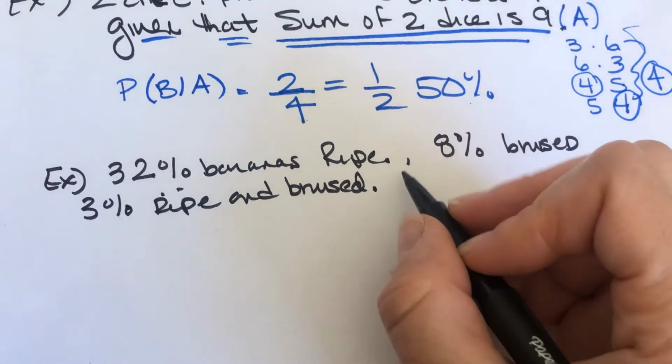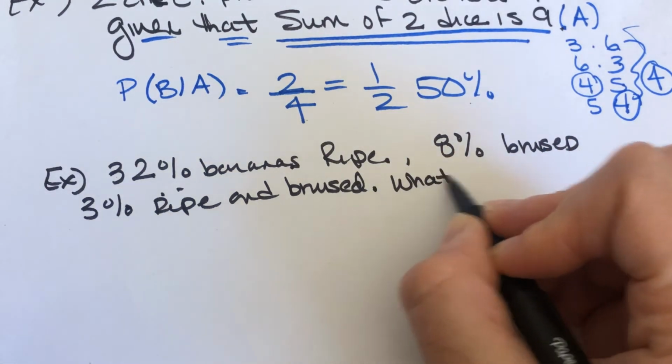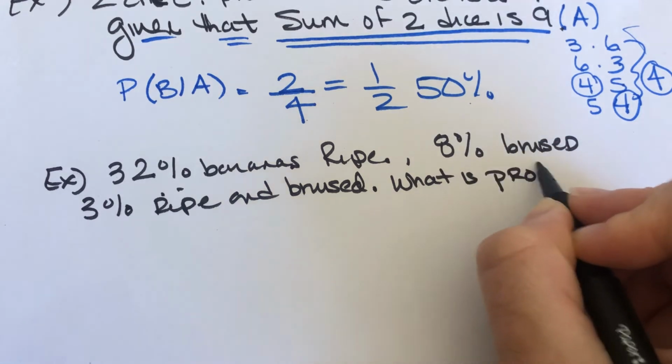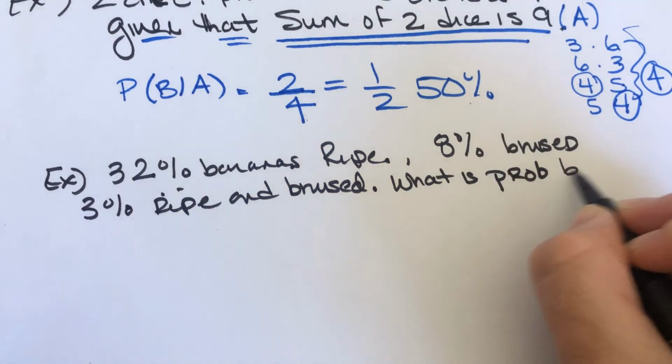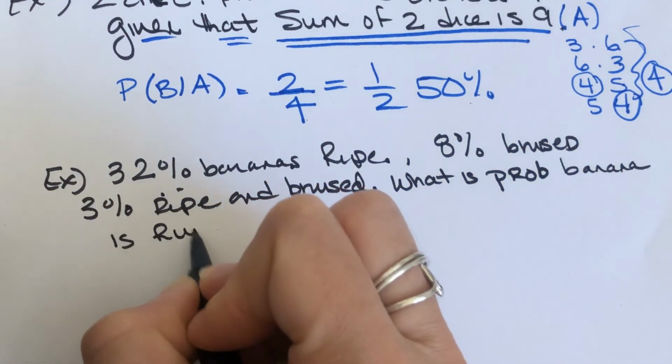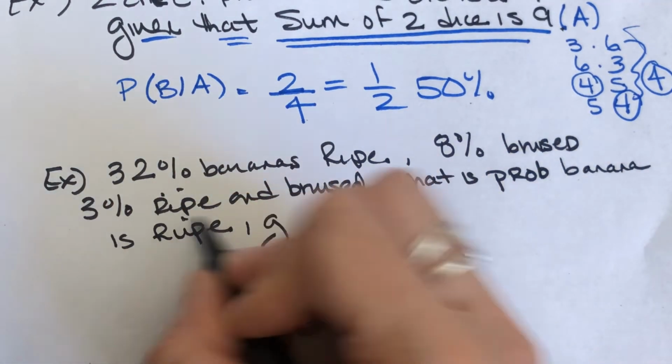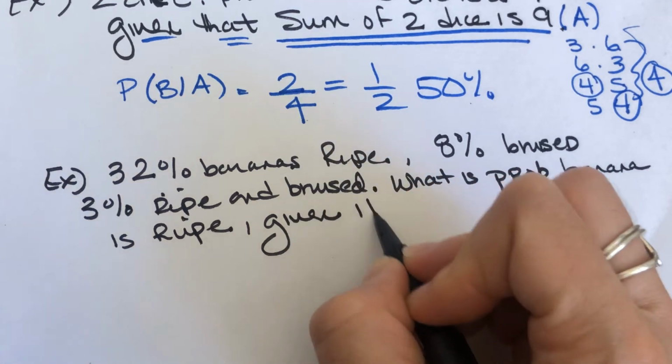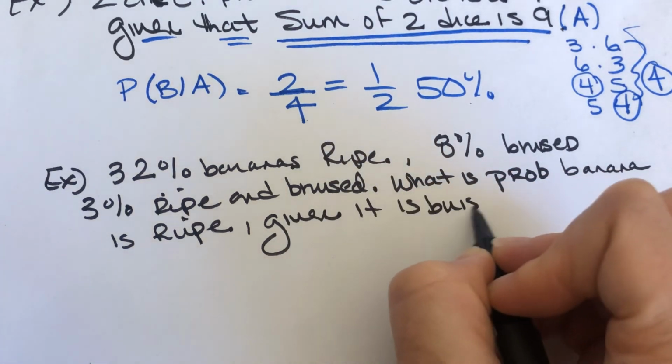A banana is selected at random. So what is the probability the banana is ripe, oh, yikes, given it is bruised.